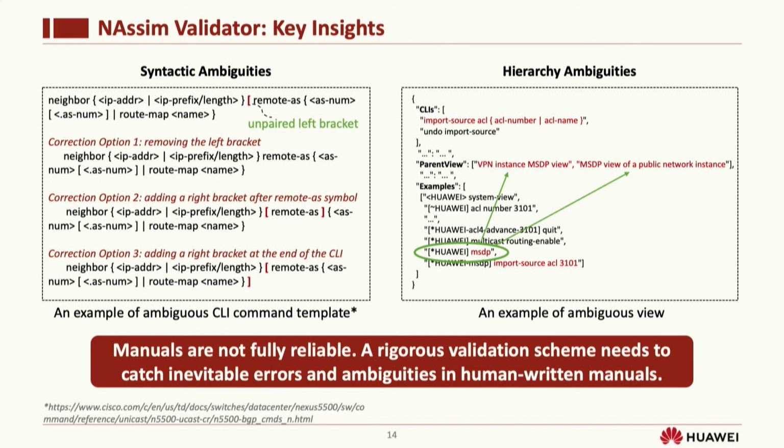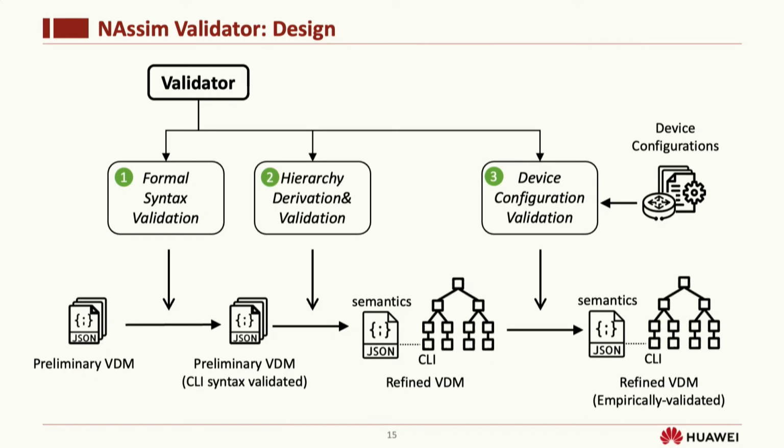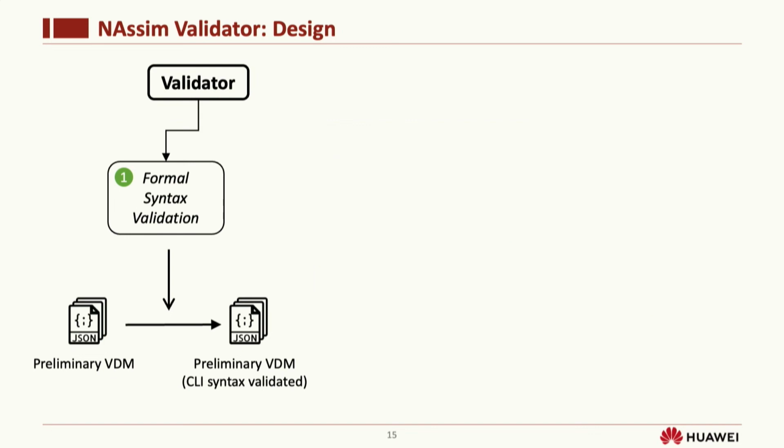Despite all these errors and ambiguities in menus, we still want to construct a reliable vendor device model from the menus. Thus, we designed a three-level validation scheme. The first part works on the command level.